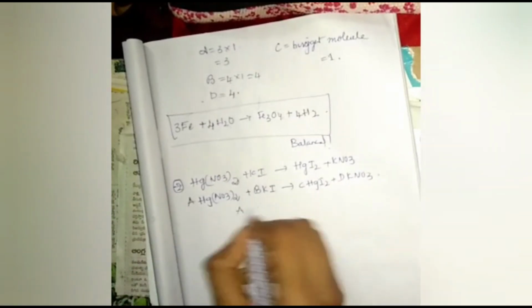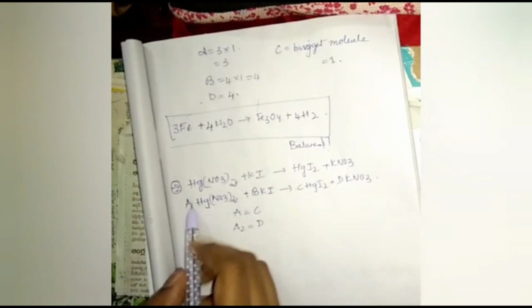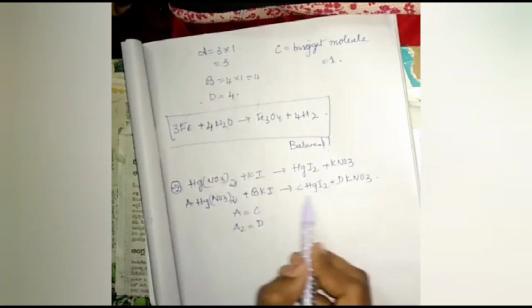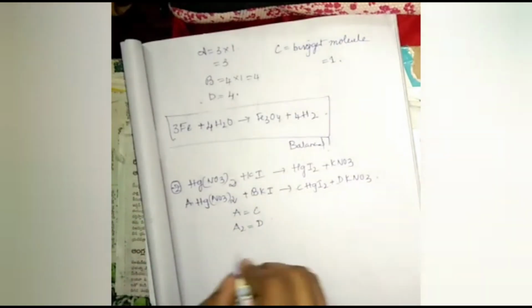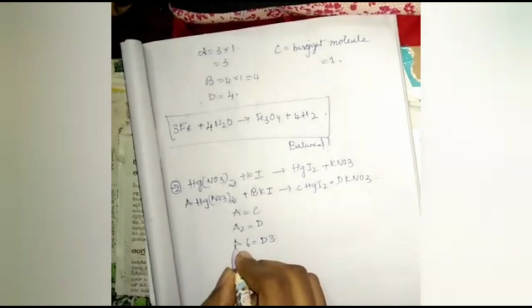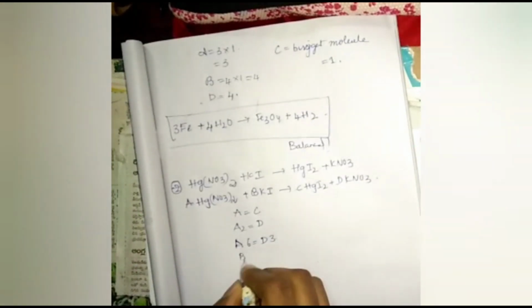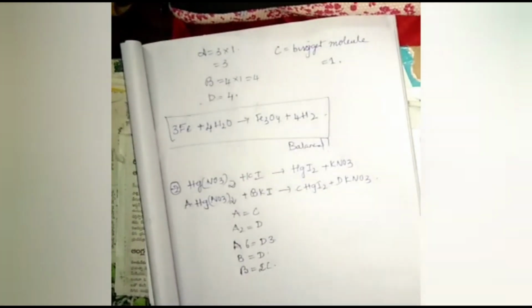After writing, we can write the number of elements with their subscripts. Hg, only one Hg, A equal to C. Next, for oxygen, A6 equal to D3, that means on the left there are 3 into 2, 6 oxygens, and on the right side only 3 oxygens per unit, so 3D. For K, B equal to D, and for I, B equal to 2C. Okay, now we have the equations.